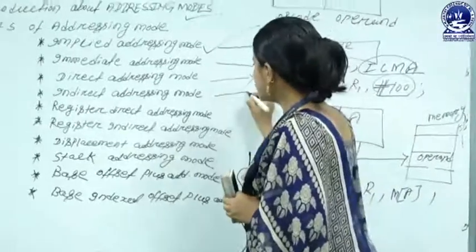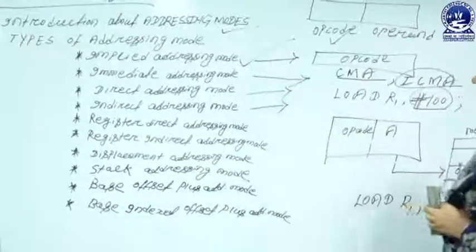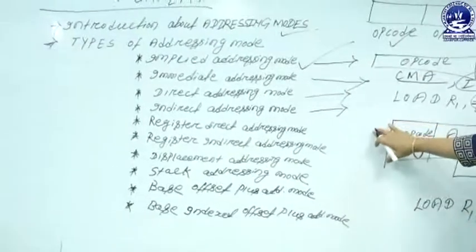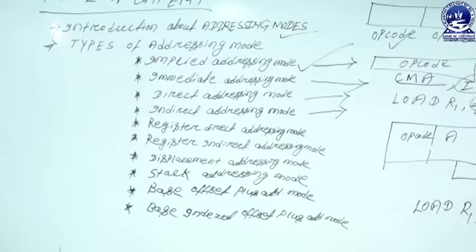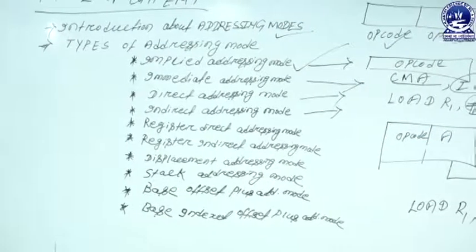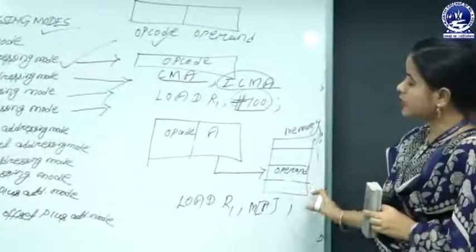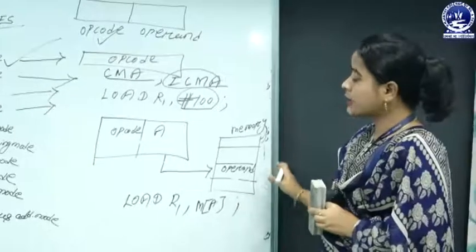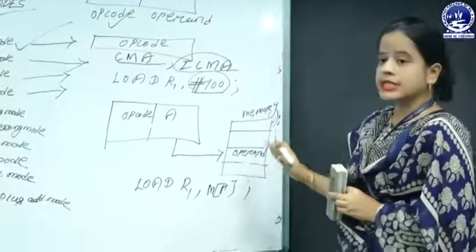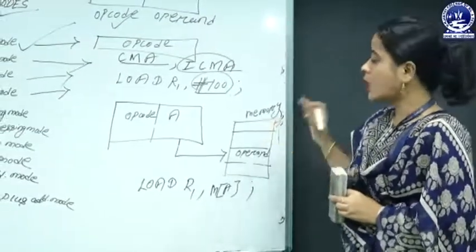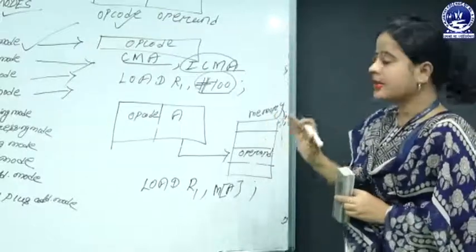Then let's go to indirect addressing mode. In indirect addressing mode, the operand address cannot be directly accessed at a given memory location for its manipulation. Instead, an intermediate location is used which holds the actual operand address.